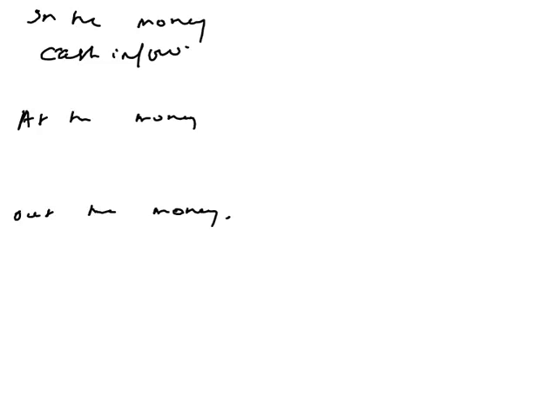Thus call options are in the money when the spot price exceeds the strike price, and put options are in the money when the spot price is lower than the strike price.